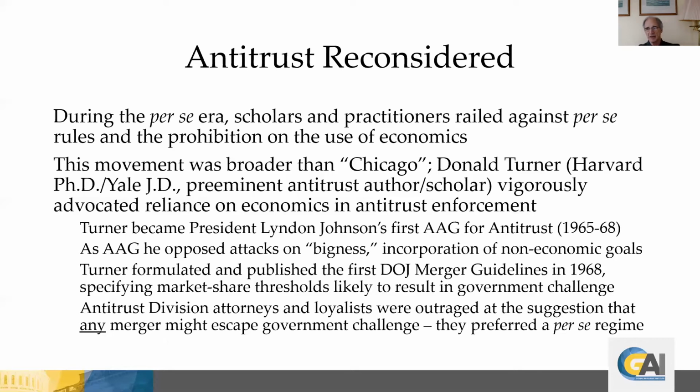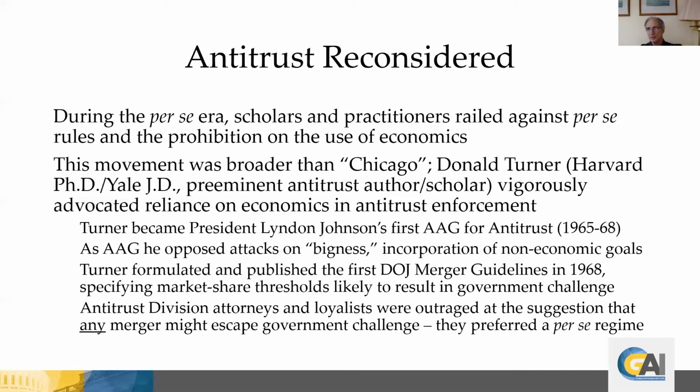So in any event, when Professor Turner became President Lyndon Johnson's first Assistant Attorney General for Antitrust in 1965, he opposed a tax on bigness for its own sake, and he opposed the incorporation of non-economic goals in antitrust. He was very much in favor of basing all antitrust enforcement on rigorous economic analysis.